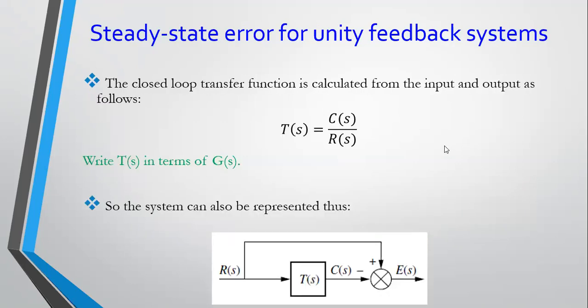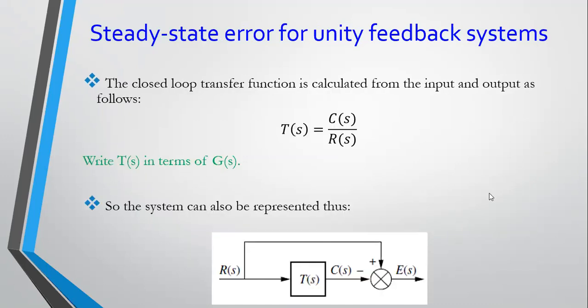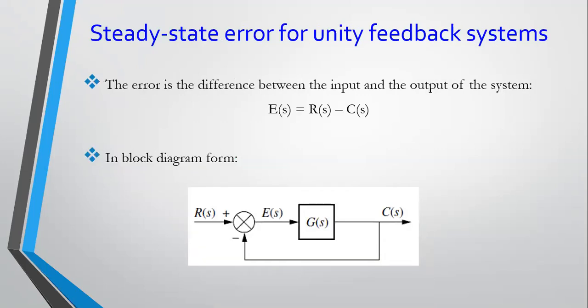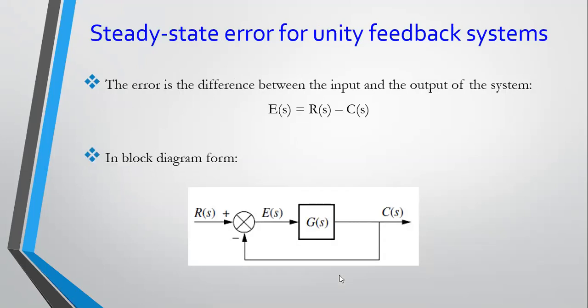Now we know that if you have a block diagram like this, you could define a closed loop transfer function T, which is G over 1 plus GH, but in this case H is 1, so it's G over 1 plus G. If you're given your system in closed loop form, then in that block diagram, if you consider just the part where T has input R and output C, you don't find the error. But in this configuration, you do find the error because you have a summing node.